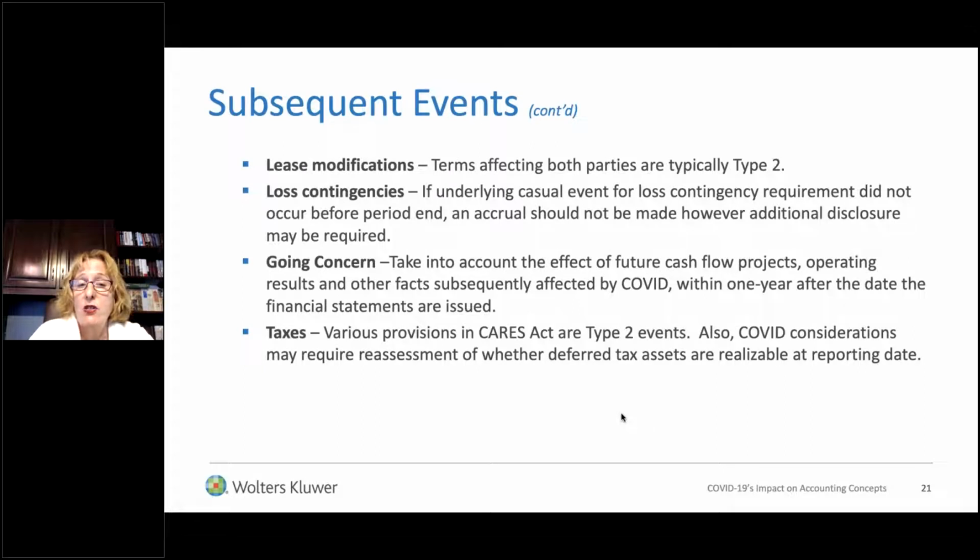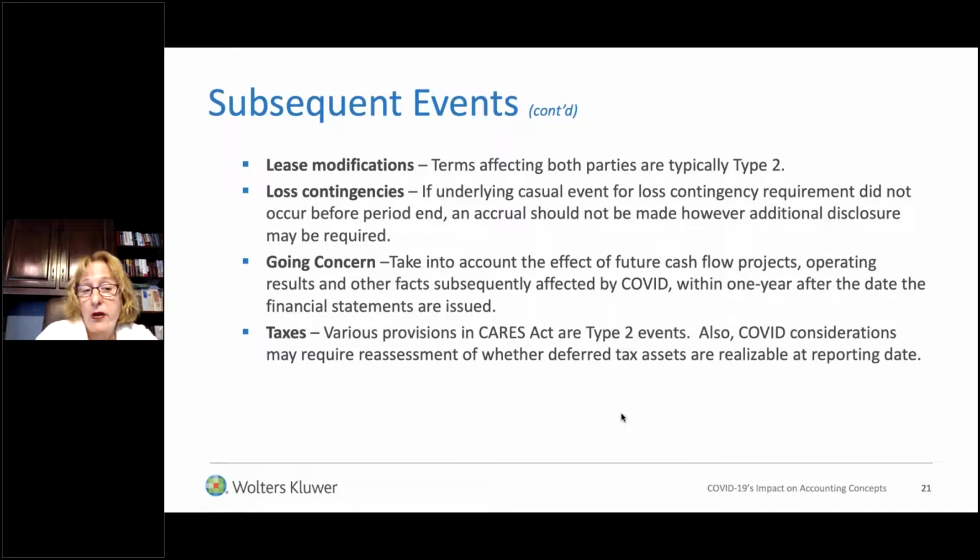Lease modifications, terms that affect both parties, are typically type 2 subsequent events. Loss contingencies: if you have an underlying causal event for a loss contingency requirement that didn't occur before period end, then accrual needs to be made. However, additional disclosure may also be required.